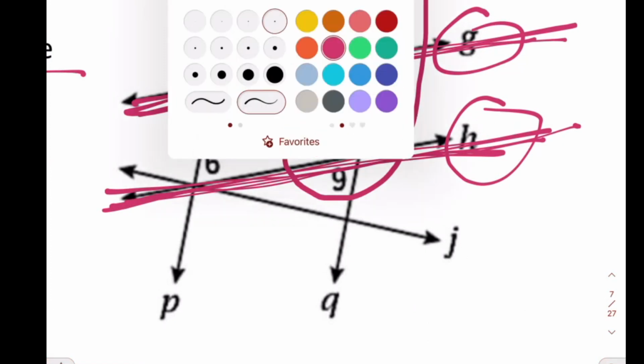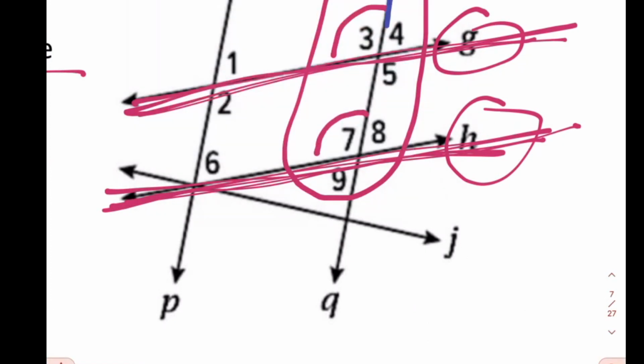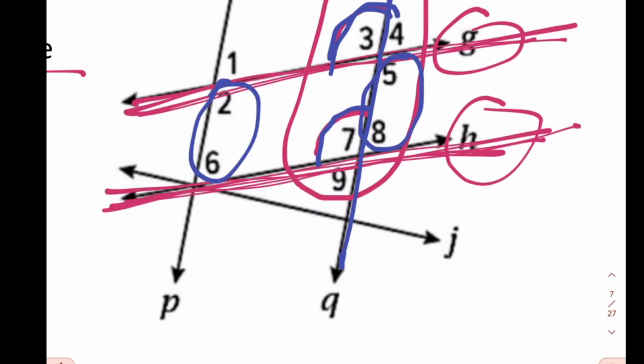This is your transversal. I do it in blue. They are all on this side. So they're not alternate. Alternate is one on the left and one on the right. So are they consecutive? No. Consecutive are like 8 and 5, 2 and 6. They are all interior.